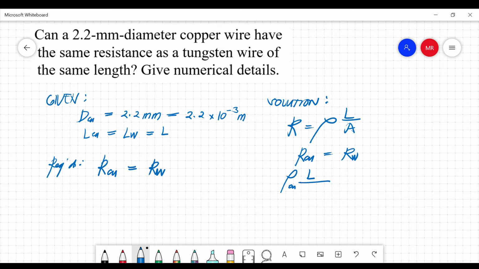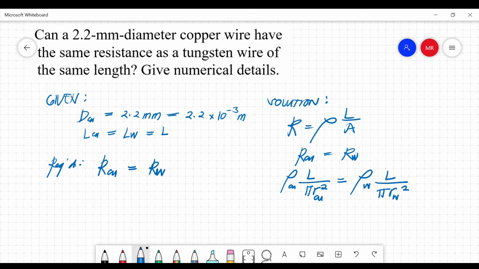area. Now, assuming that this is a regular wire, it is cylindrical, therefore the cross-sectional area will be a circle with an area of pi r squared, equal to the resistivity of tungsten, L, pi, radius of tungsten squared. So on the left side is the radius of the copper.